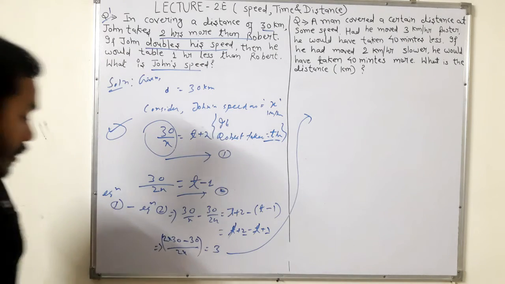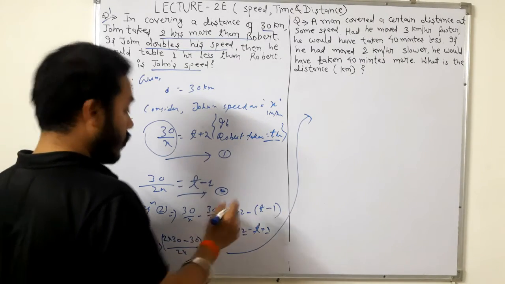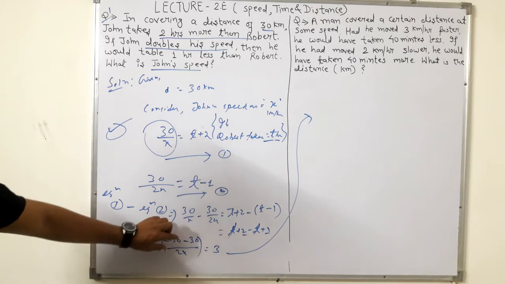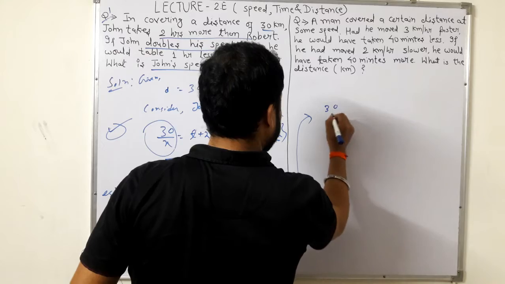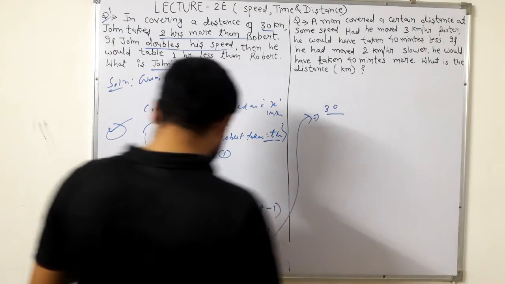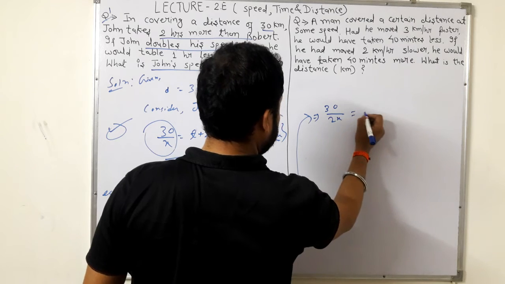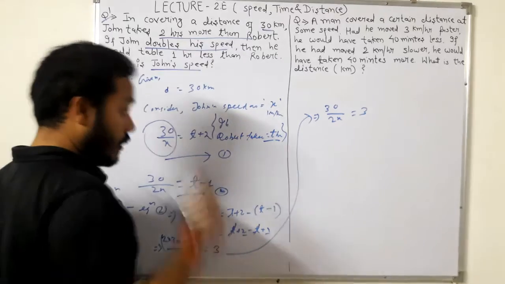Now I can take 30 common here, or if you don't want to, it is very simple. 2 into 30 is 60, and 60 minus 30 is 30. Below we have 2x, and on the right we have 3.